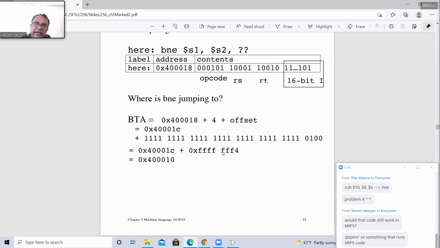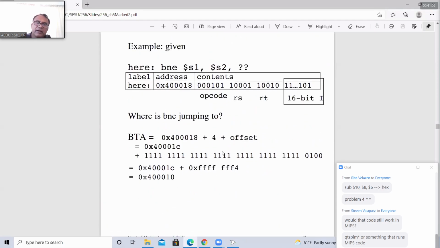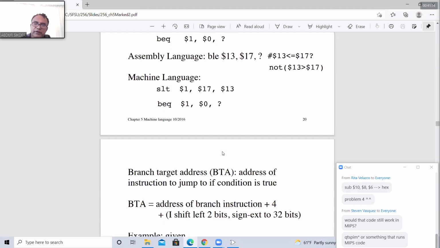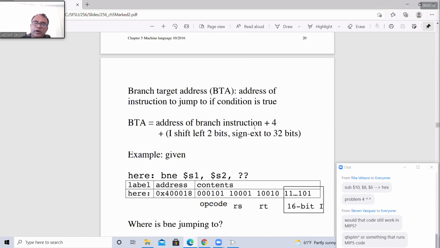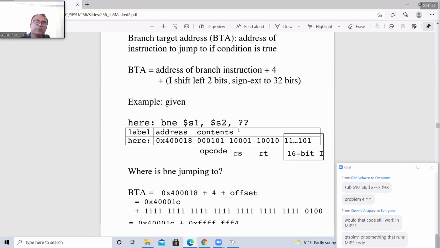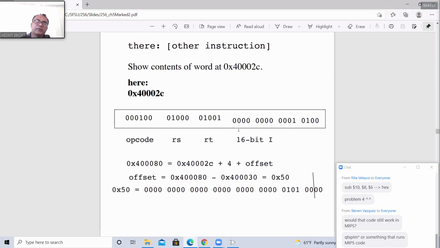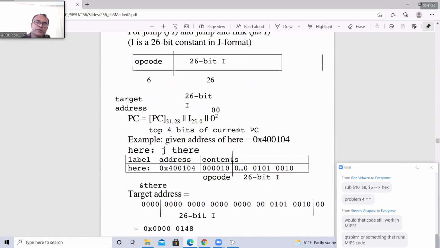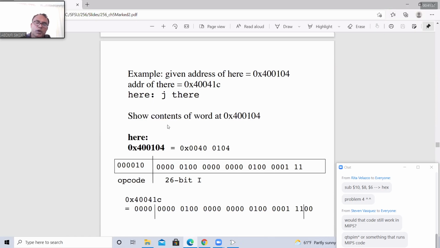And then BTA calculation. I'll not ask any question on this. BTA, the branch target address. This is the formula: address of the branch instruction plus 4, plus shift left 2 bits, and sign extension to 30 bits. So that's how you calculate the BTA, but you don't have to prepare for that. All right. For the J format, I'll not give you any J format.